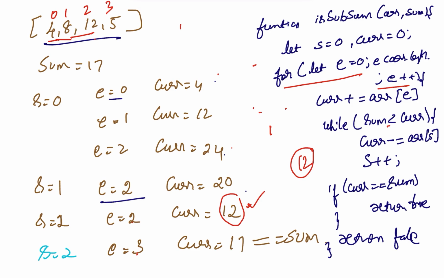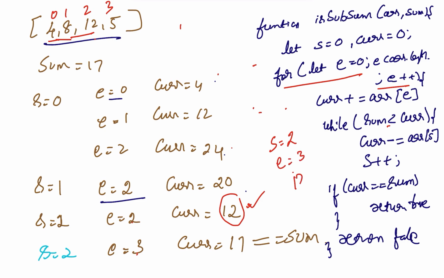And the s value also increases. At first the s value is 0. When we encountered current value as 20, at that time the s value increased to 1, and when we did the iteration where we get 12, s increased by one more, that's equivalent to 2. And from 2 we are going to check 12 is not greater than sum, or 12 is not equivalent to 17, so we are going to increment the value of e, that is s starts from 2 and e goes to 3.